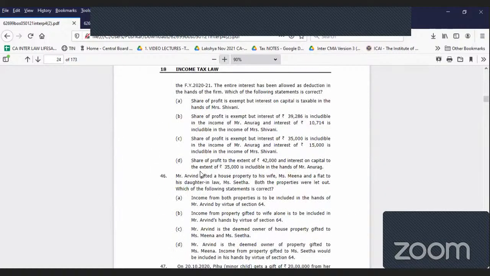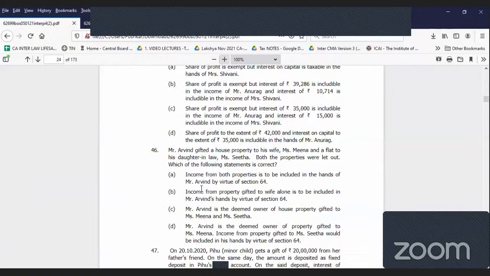This is question 46. Mr. Arvind gifted a house property to his wife, Miss Meena, and a flat to his daughter-in-law, Miss Sita. Both the properties were let out. Which of the following statements is correct?